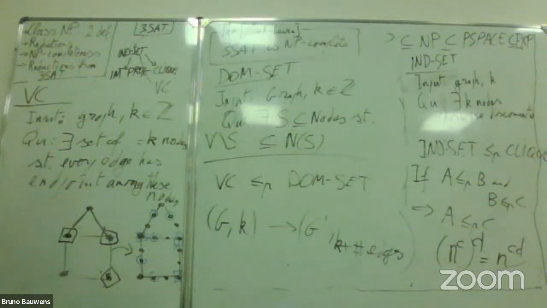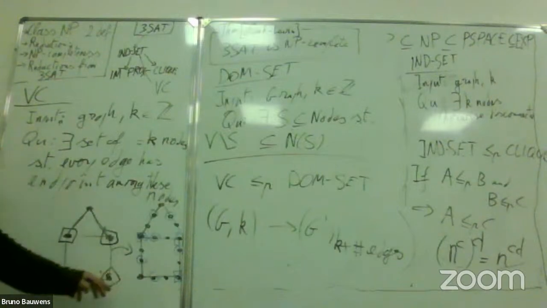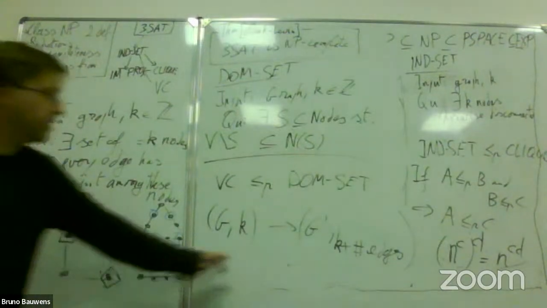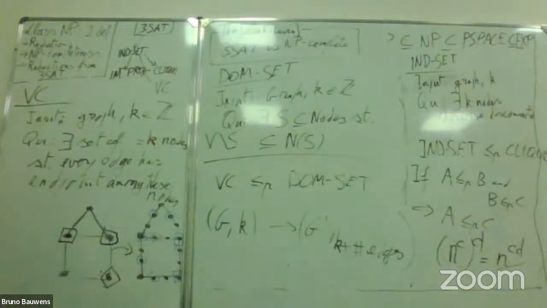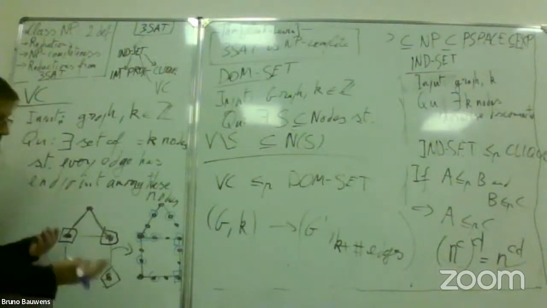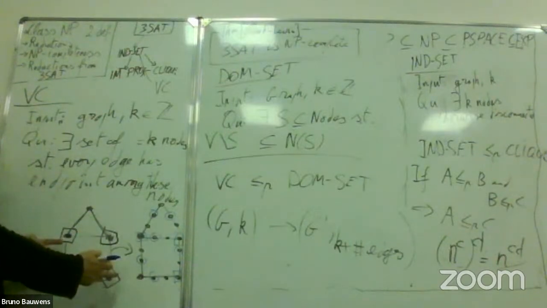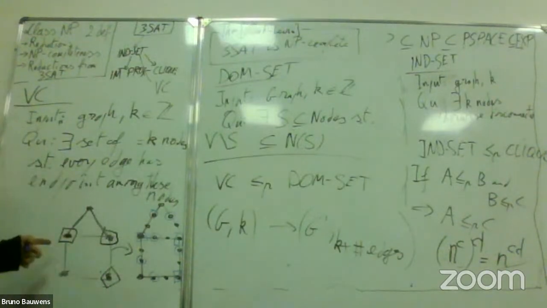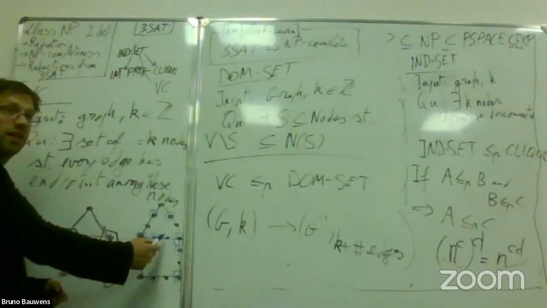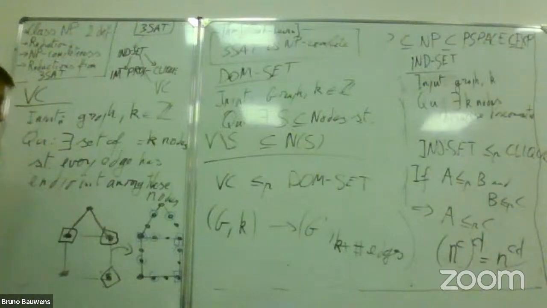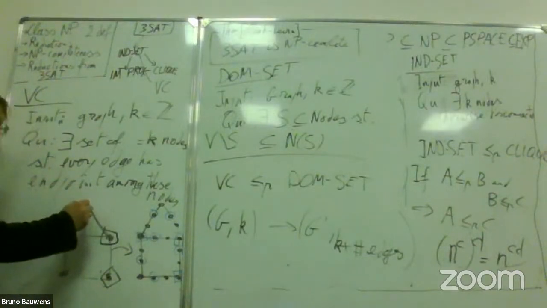The claim is that this is a dominating set of size at most K plus the number of edges. By construction, we chose the K nodes that are in the vertex cover, and we added 1 for each edge. That's clear. And it's a dominating set because each neighbor in the edge is selected.